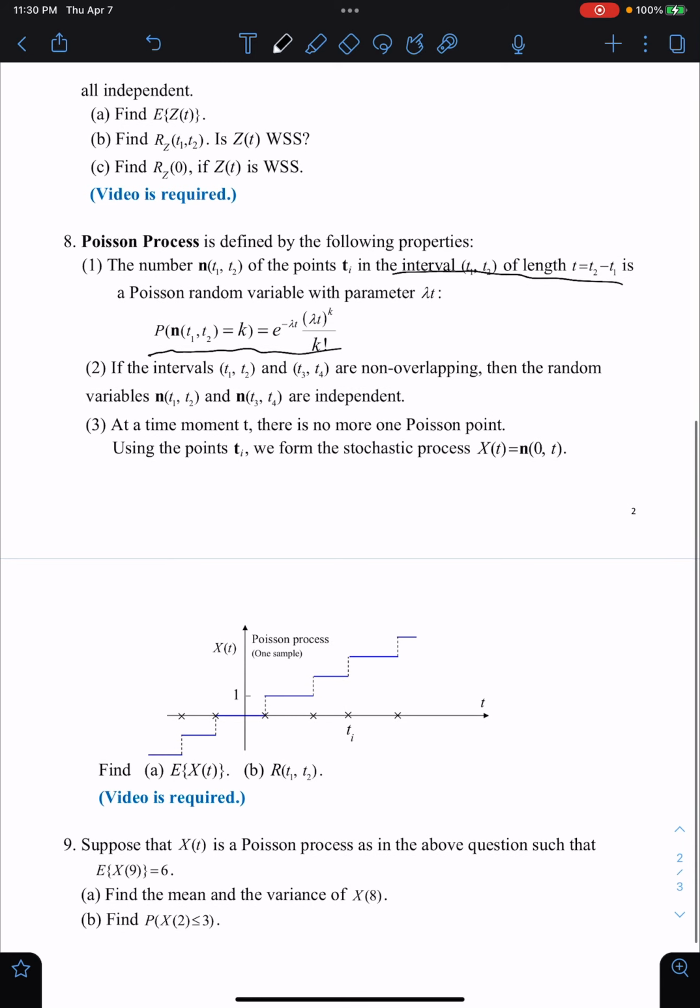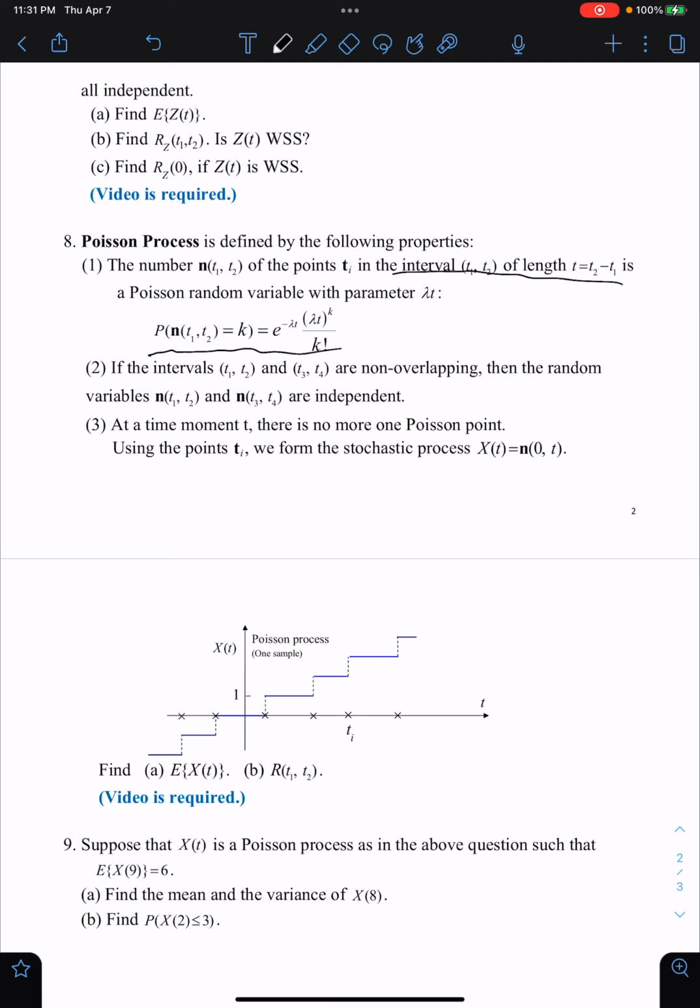And second, for the intervals t1, t2 and t3, t4, if these two intervals are non-overlapping, then the random variables N(t1, t2) and N(t3, t4) are independent. The third property is that at a time moment t, there is no more than one Poisson point.